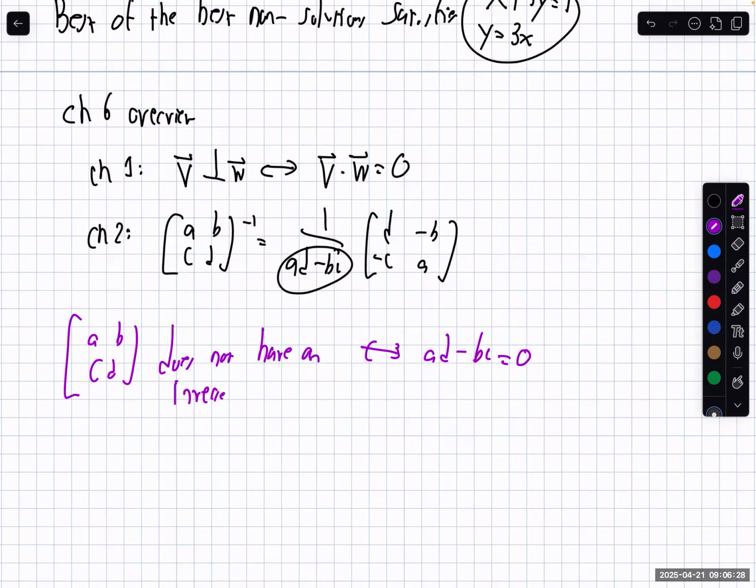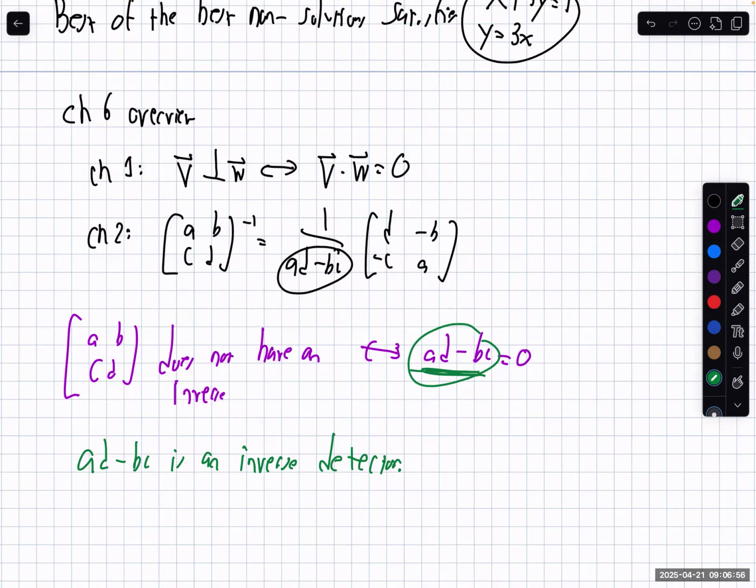So we can think about this expression as an inverse detector. Again, if the dot product is 0, the vectors are perpendicular to each other. If this number is 0, the matrix does not have an inverse.